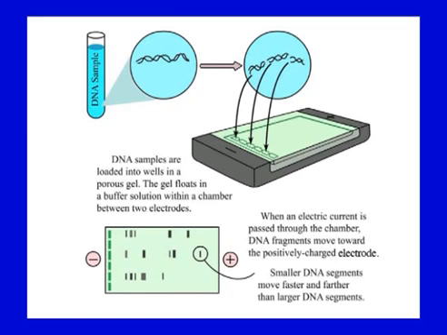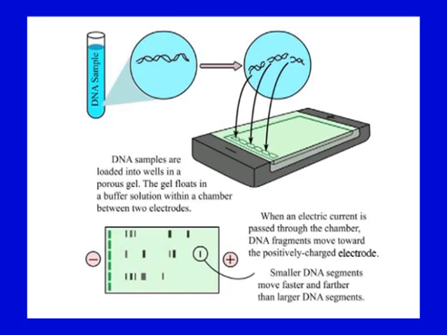Now, you have a DNA sample, and there could be more than one DNA sample, or different samples, or one sample loaded into each well. This sample could be treated, say, restriction digested, so that from one DNA sample you get many DNA fragments. Now, these DNA fragments need to be separated.